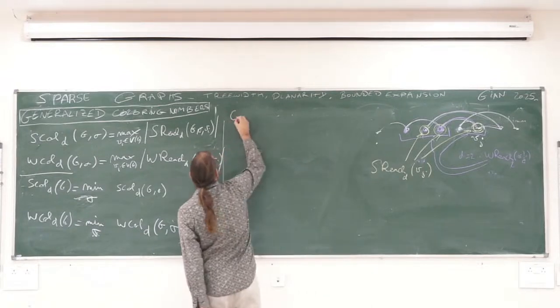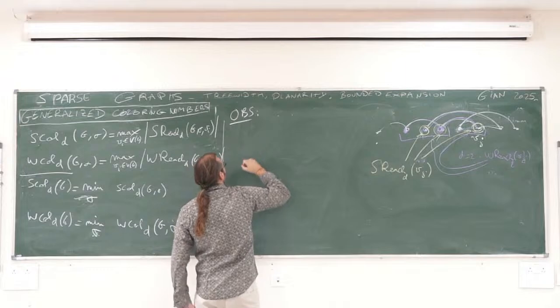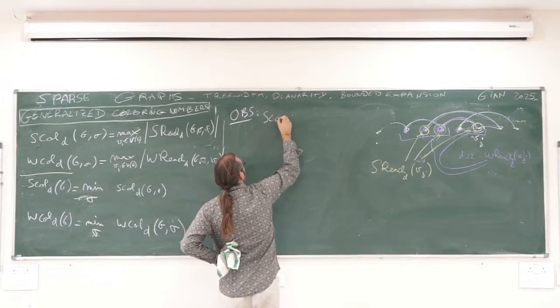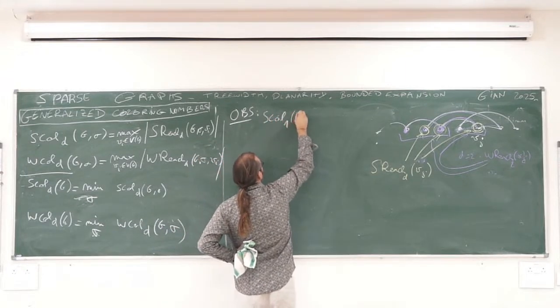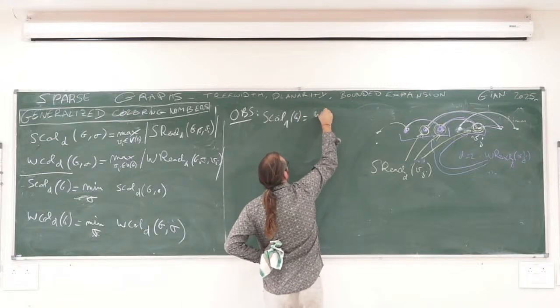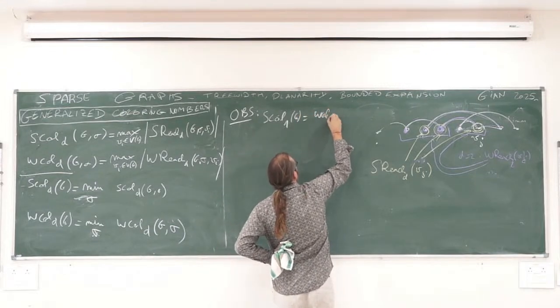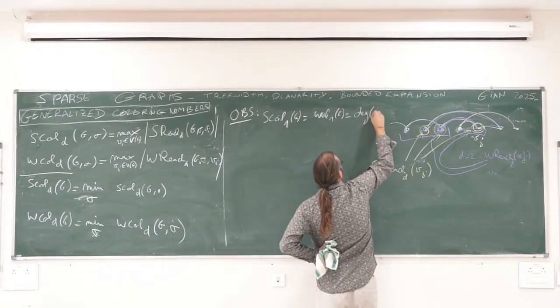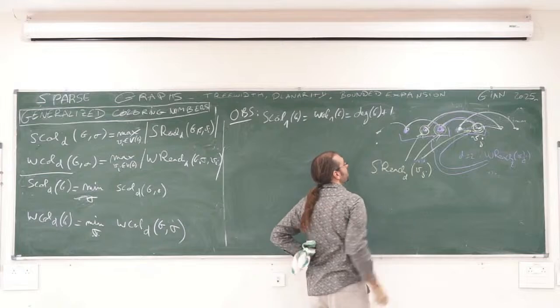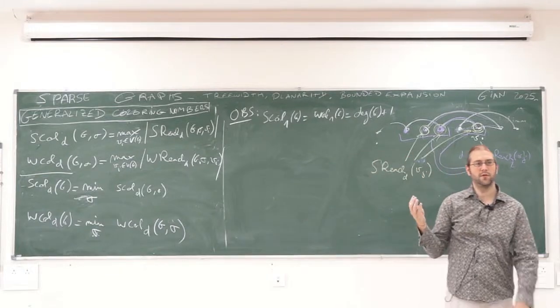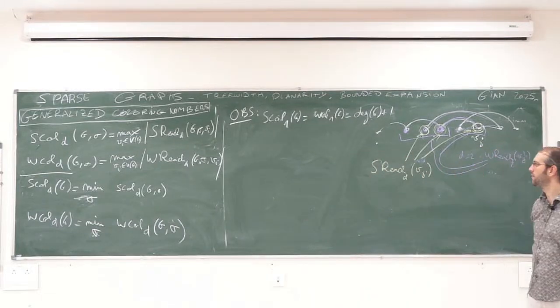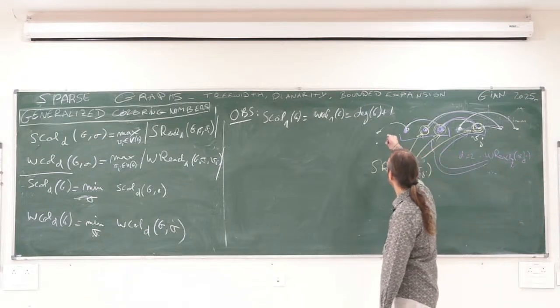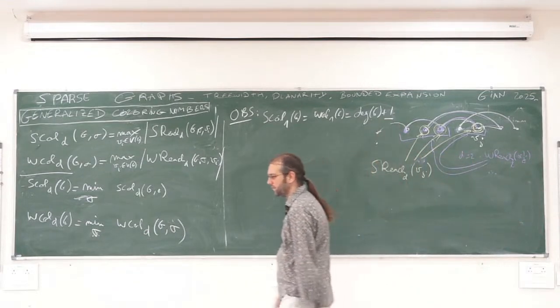So, observations. The strong coloring number with radius 1 of G equals the weak coloring number with radius 1 of G, which equals the degeneracy of G plus 1. Because in both these notions you're only allowed to take paths of length 1, so it's backward neighbors. But you're counting yourself, so you get the plus 1.